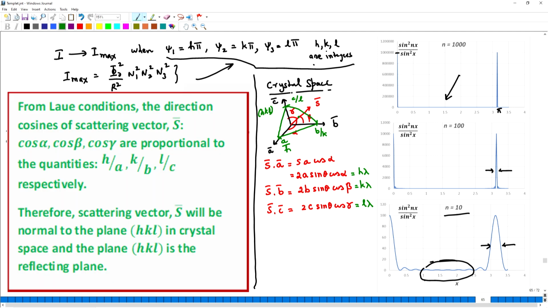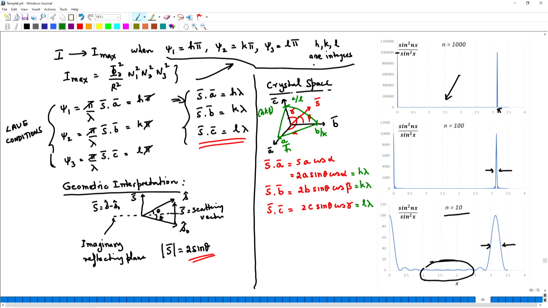One can also see clearly from this diagram that if I have to find out the interplanar spacing D for this HKL plane, it can be defined in terms of the orientation of the S vector, in terms of the angles alpha, beta, gamma with the A, B and C axes. This interplanar spacing we had covered early on in the lecture.